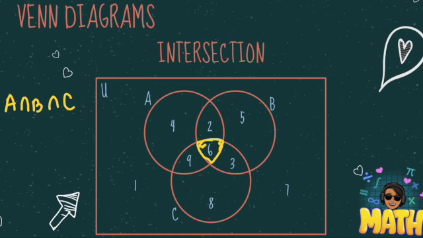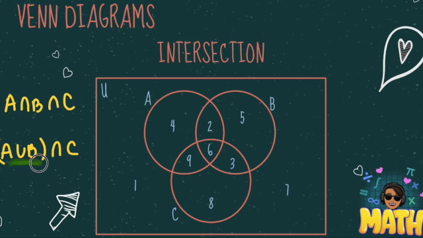Okay? But remember that we can also have, for example, the intersection of a union with a set. So let's say, for example, that we're going to find A united B, and the intersection of this with C. First we have to find what is A united B. A united B, I'm going to shade it in green, right?